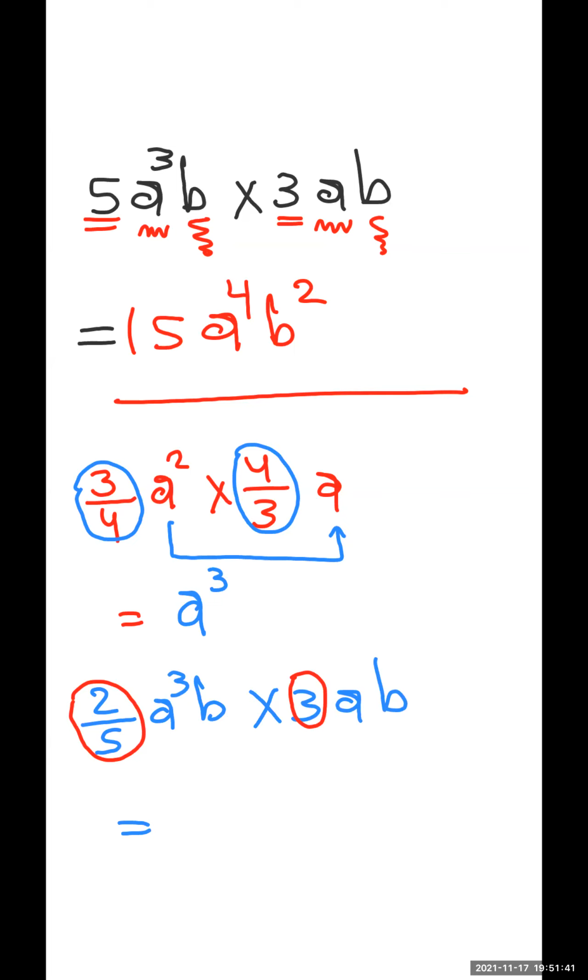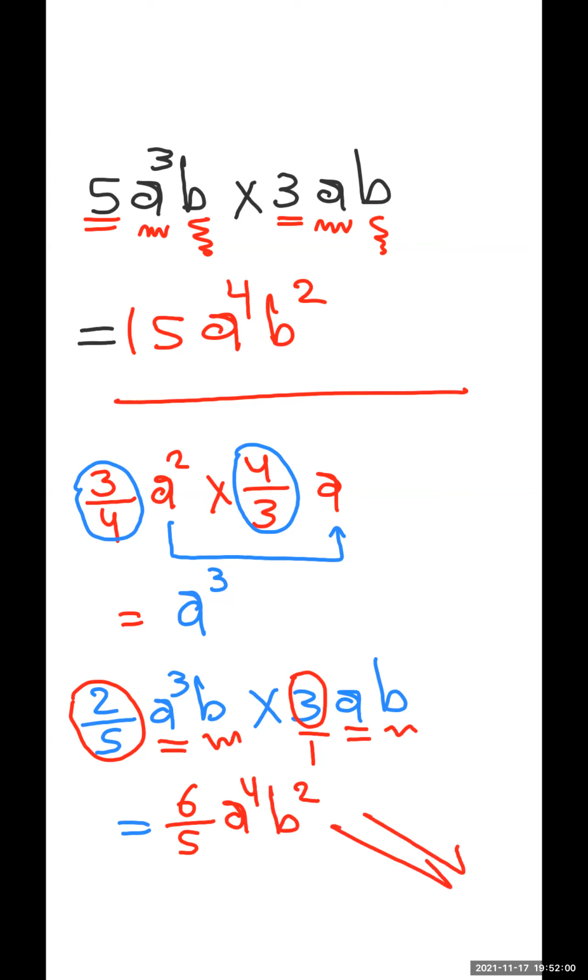This 3 is a whole number, which means 3 over 1. So 2 times 3 means 6 over 5. Then a to the power 3 times a means a to the power 4. B times b means b squared. Finished. Clear?